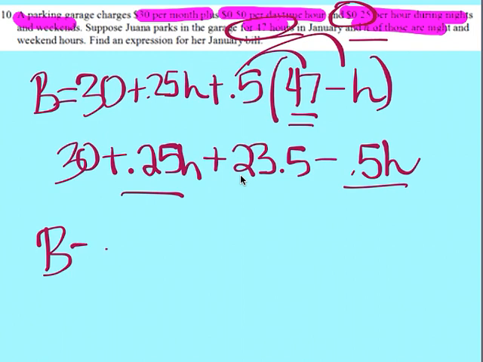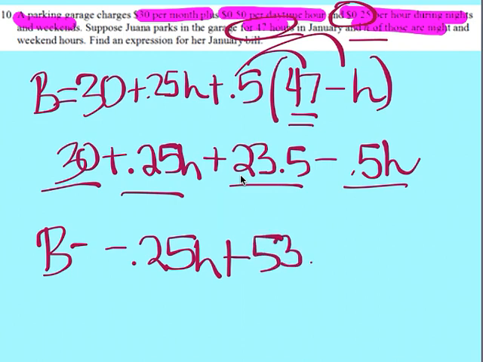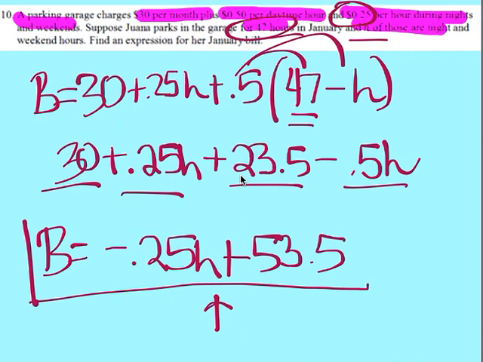That's going to give me a negative 0.25H plus 30 plus 23.5, which is going to give me 53.5. So once I know the hours that I've spent on the nights and weekends, I can plug that in and get the total bill, including the hours I spent during the day.